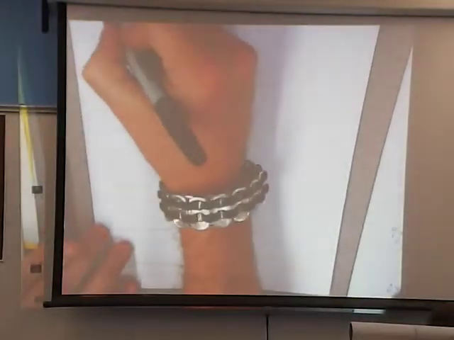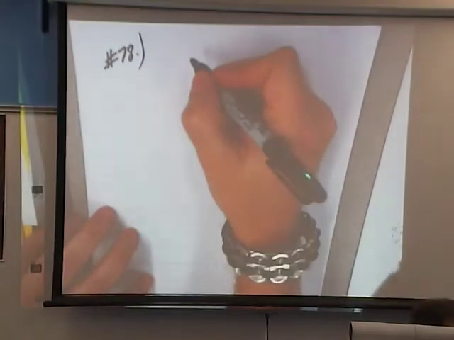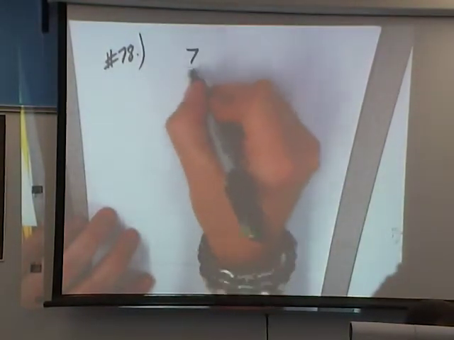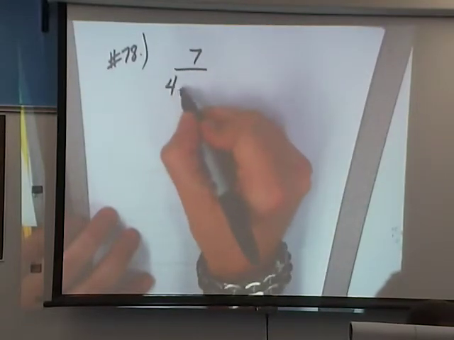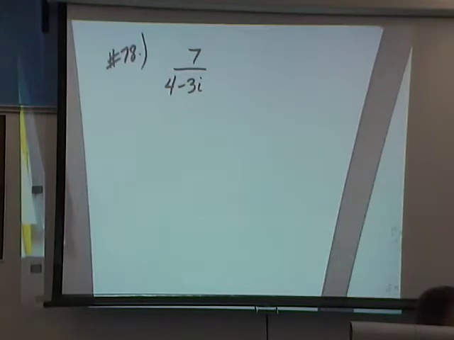78. Find the quotient 7 over 4 minus 3i. What's the problem with that answer? We got an imaginary number on the bottom, right? Which is the same thing as the square root. We can't have that.